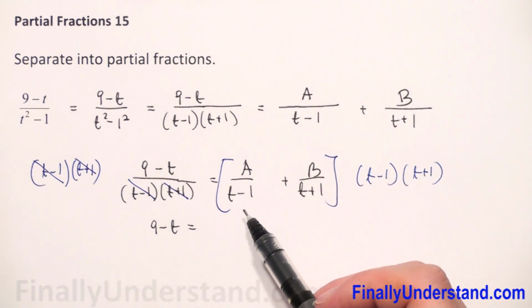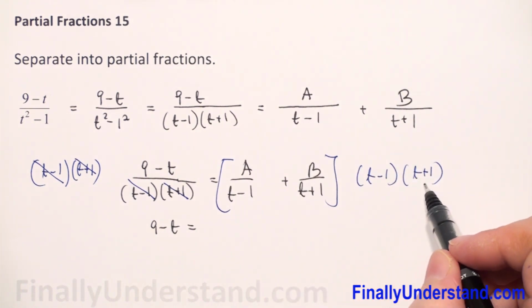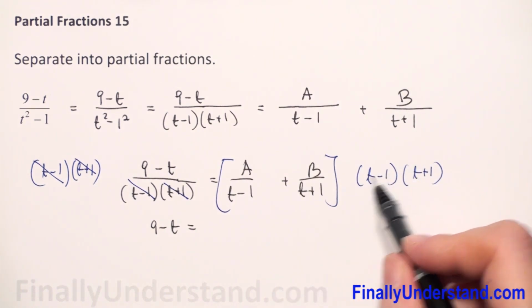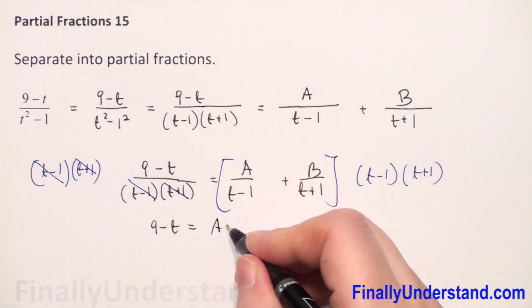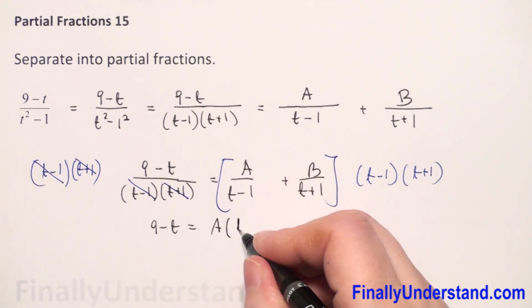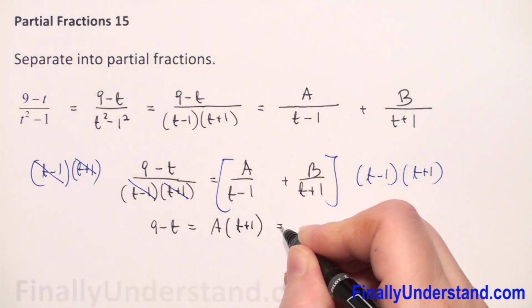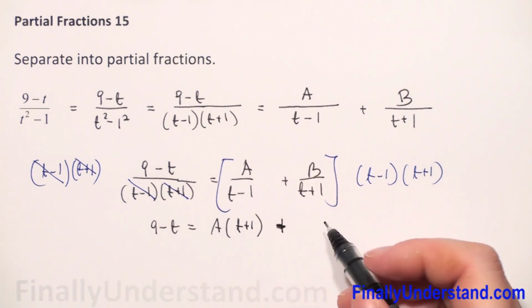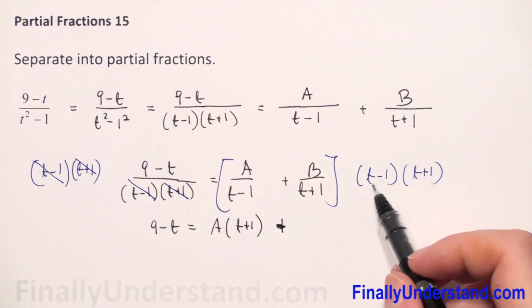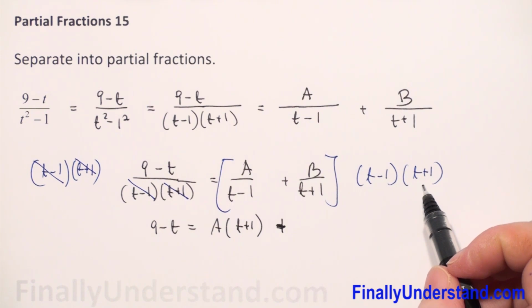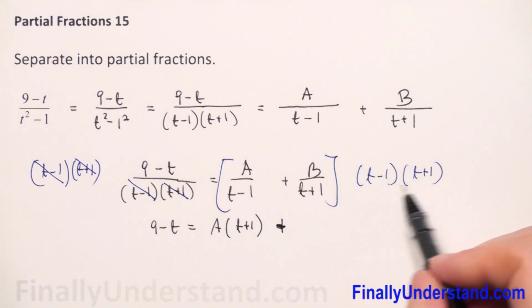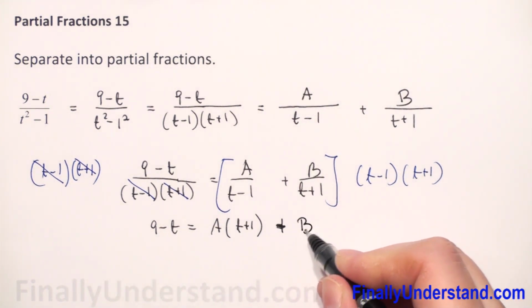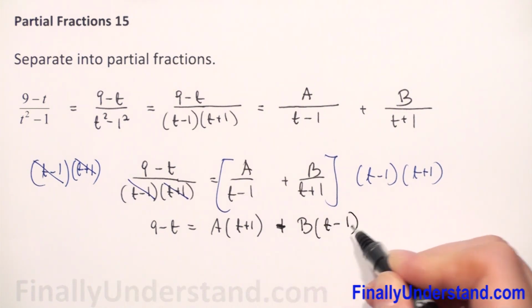When we multiply a over t minus 1 by t minus 1 times t plus 1, t minus 1 we can reduce and we have only a times t plus 1. Now the second fraction: when we multiply by t minus 1 times t plus 1, t plus 1 we can reduce and we have b times t minus 1 only.